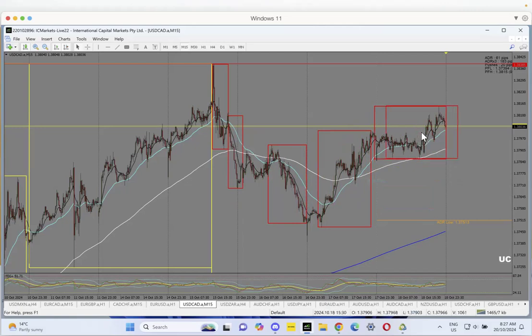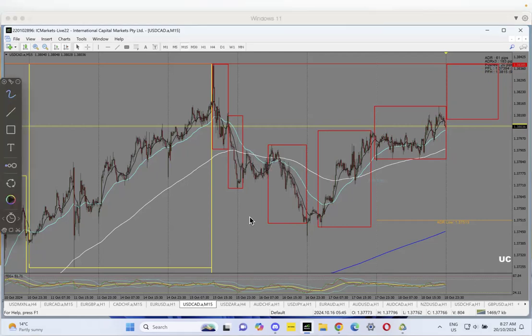So my ideal kind of setup is to see a third push to the upside. I'm expecting the dealer to stop to the upside and form a high.